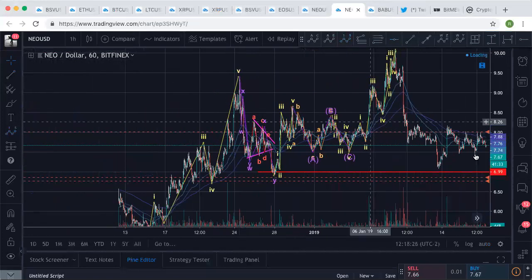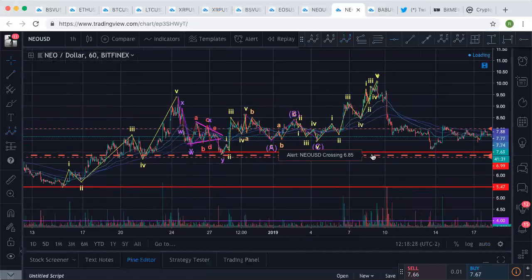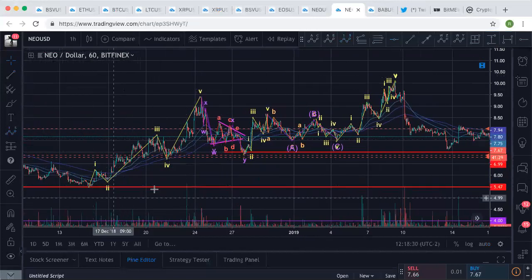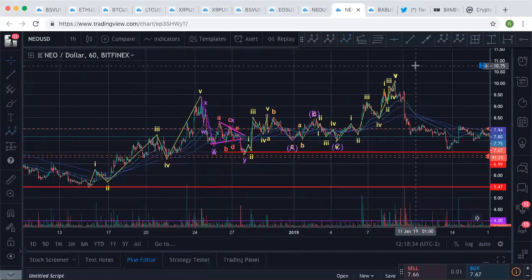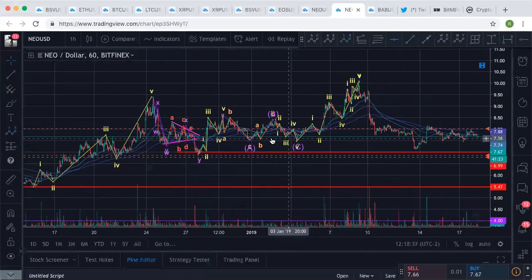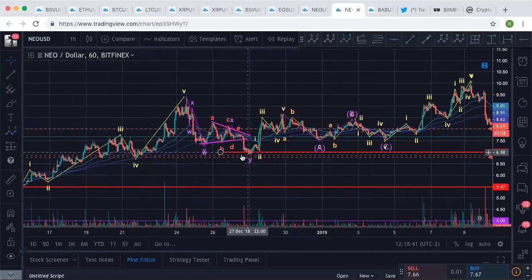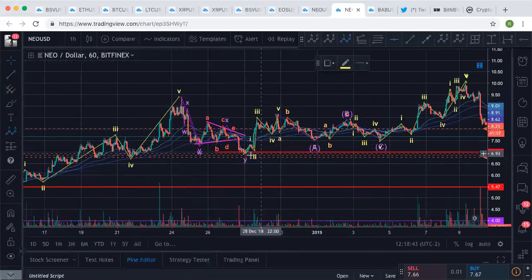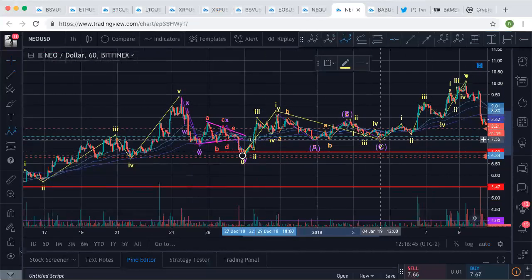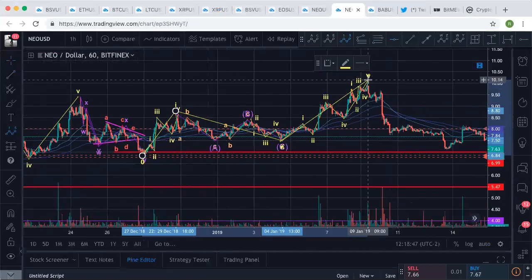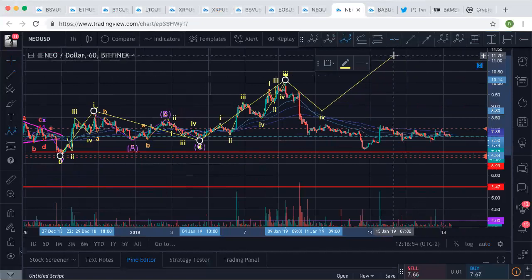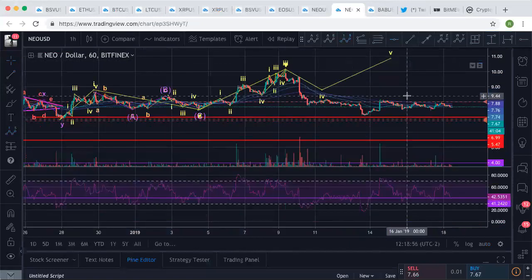So let's go back and have a look at the bigger picture. So we've got your 1, 2, 3, 4, 5 up. We've got some sort of weird correction here, and then possibly the start of the next impulse. Okay, so we would assume before all of this mess that we were going to get 1, 2nd wave flat, 3rd wave up here, a little correction here, and then up for our 5th wave, let's say.